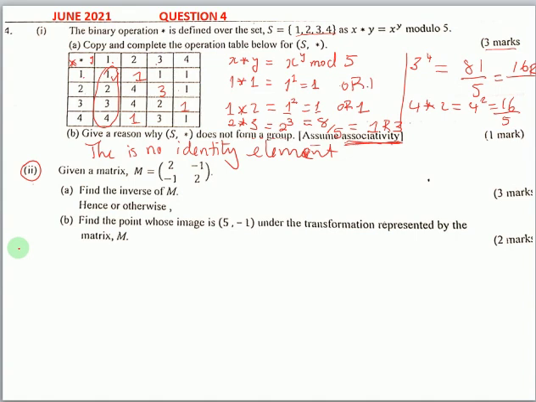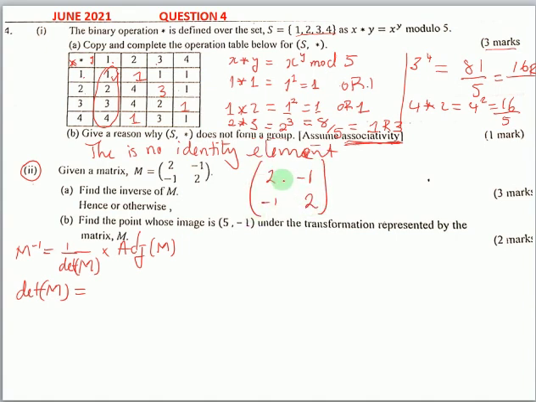Now to get M inverse, what we use is 1 all over the determinant of M times the adjoint of M. That means we are going to look for the determinant and also look for the adjoint. So the determinant of M is simply equal to, we multiply the leading diagonal, meaning we have 2, -1, -1 and 2.